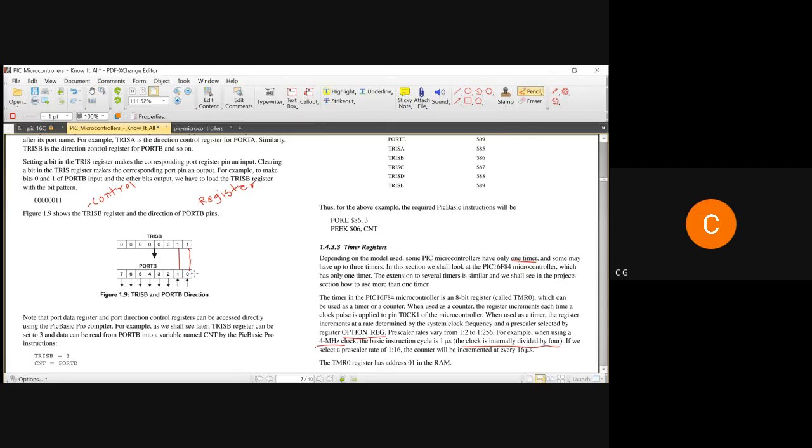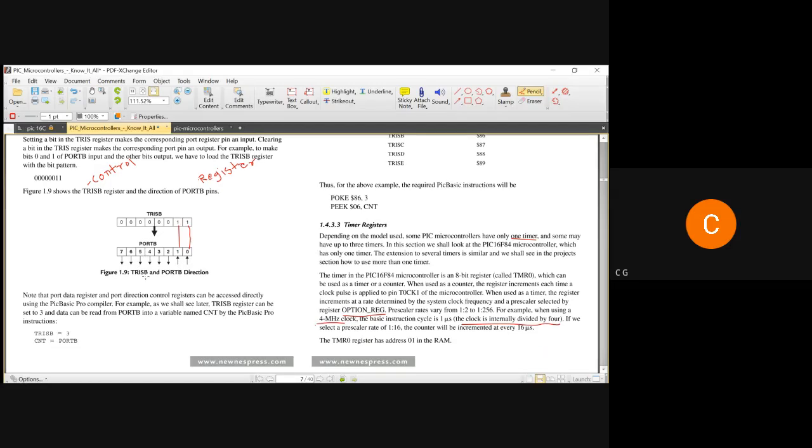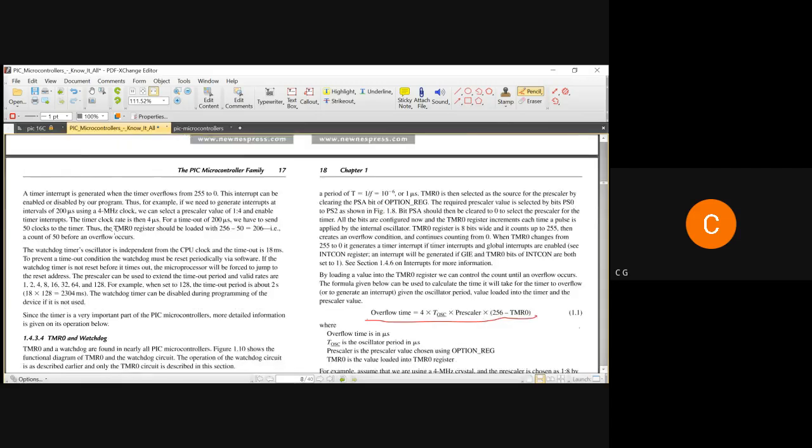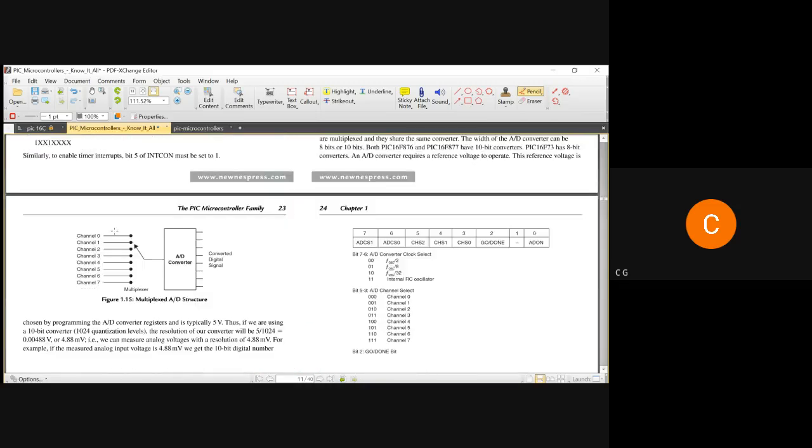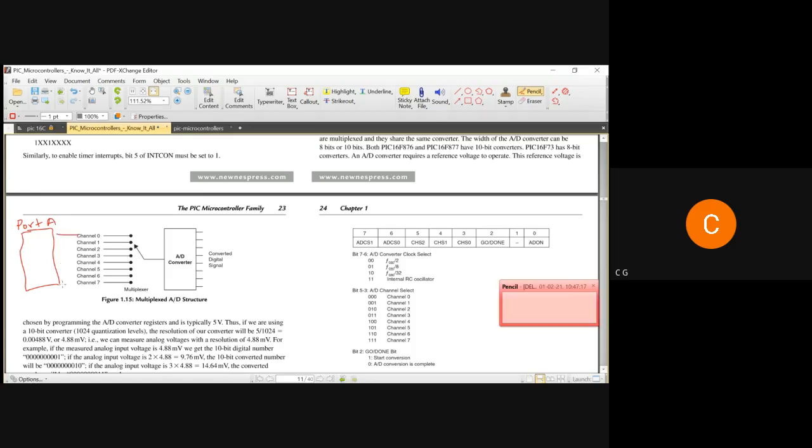Suppose these pins of port B are configured for data in using this TRIS B. So what you have to do is make all the pins 1. Then you have to channelize that particular port here. We have seen 16 bits, so for timing we will take 8 bit, suppose.